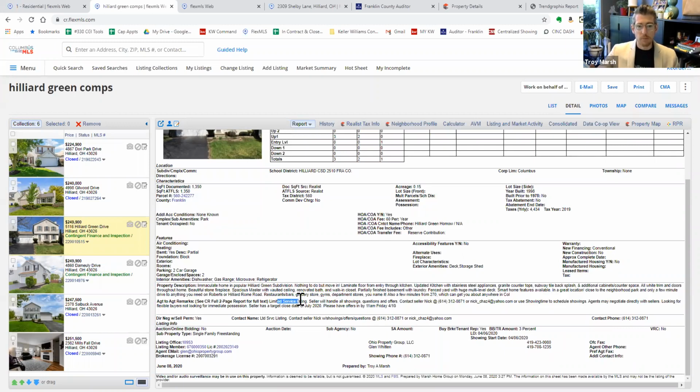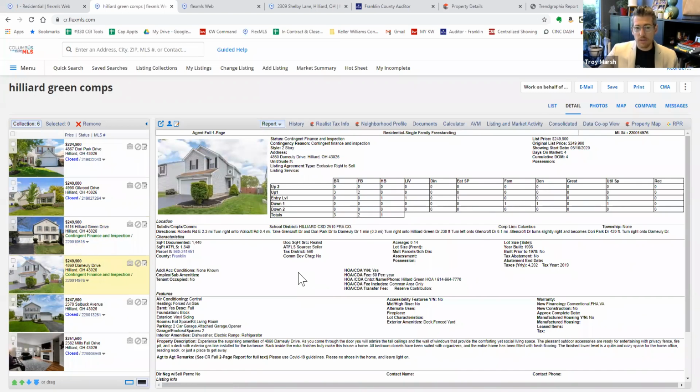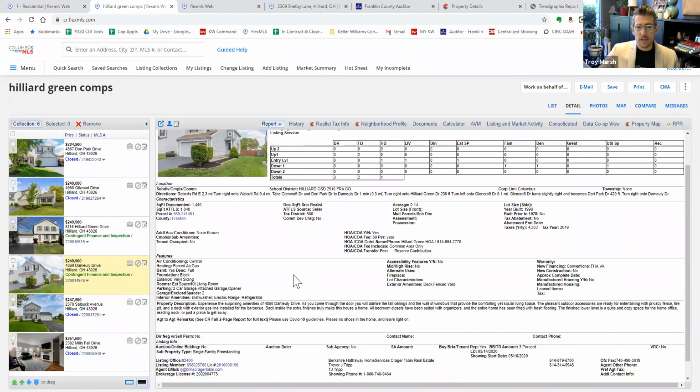Now, the only other thing, here's another example of digging in though, and we could never possibly hit every single objection that you could run up against, but this is a limited service listing, which is basically a for sale by owner that got listed in the MLS. So does this represent your ability to get maximum value? Probably not. However, they do have at least one side of the commission baked in there.